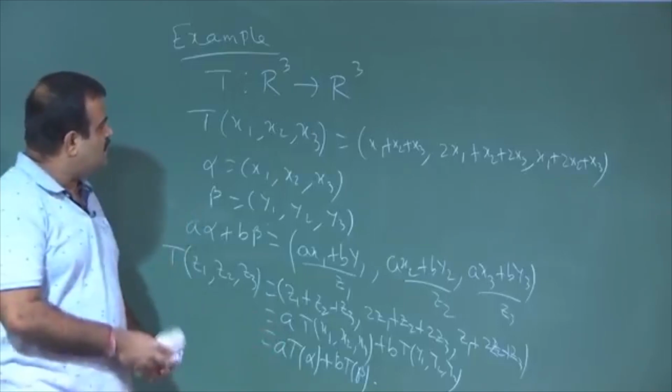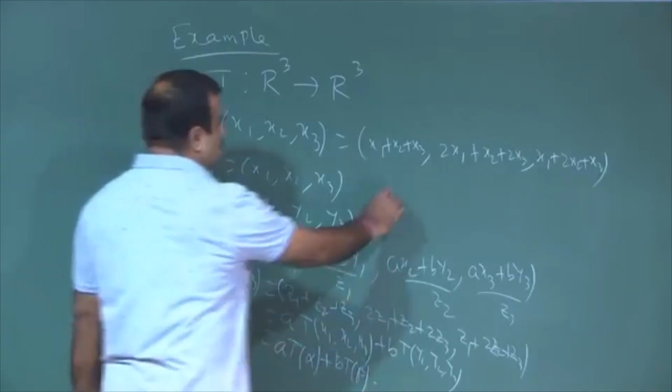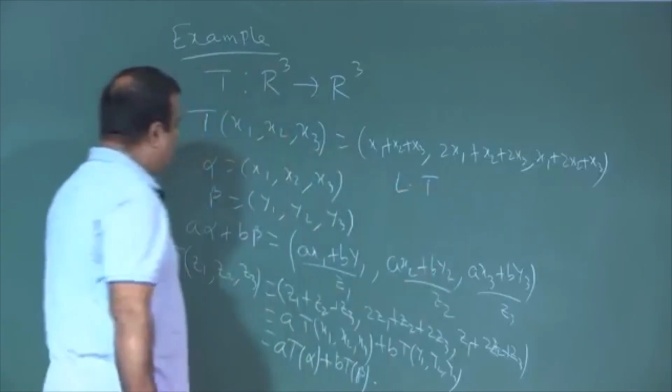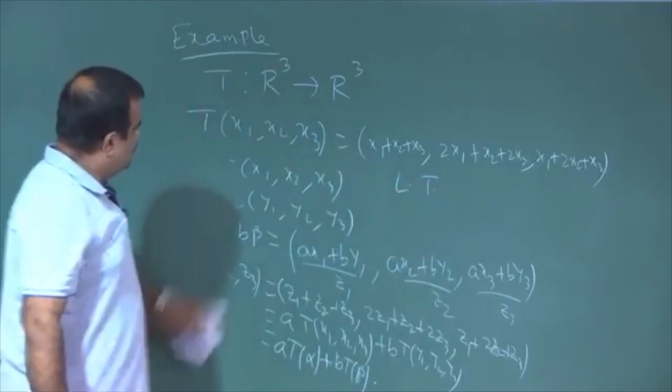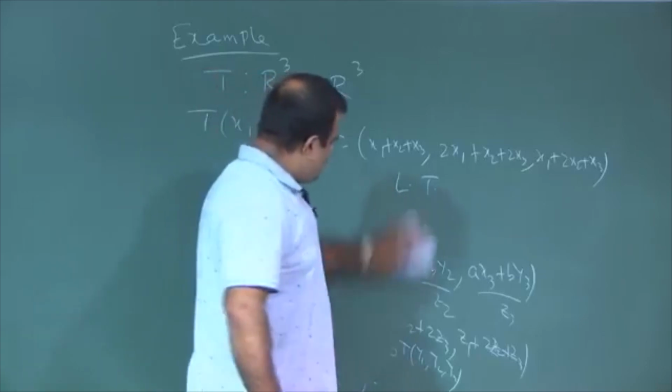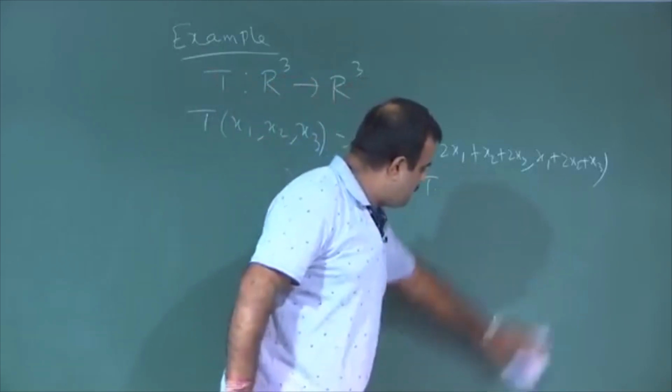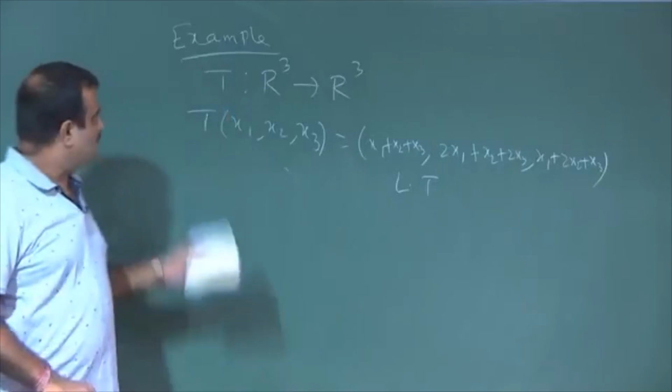So, this is basically a linear transformation from R3 to R3. Now we will take an example where the mapping is not linear.